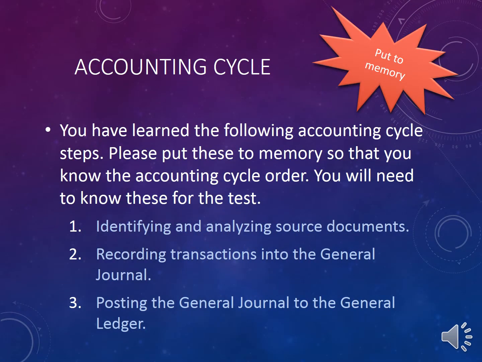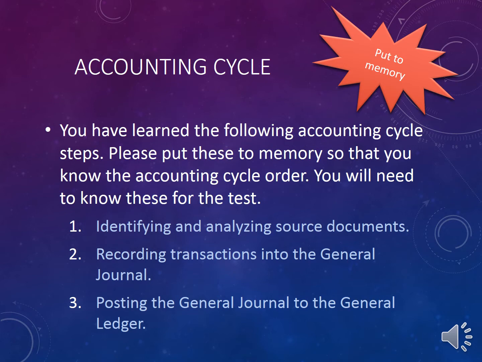The accounting cycle. In Chapter 2, you learned how to identify and analyze source documents. Chapter 3, you learned the second step of the accounting cycle, which was recording transactions into the general journal. Step 3, you now will be learning how to post the general journal transactions into the general ledger.